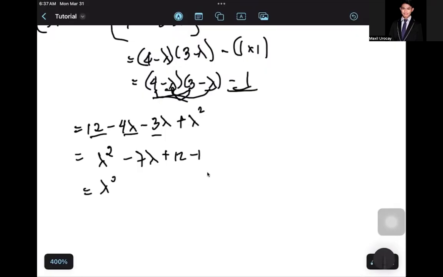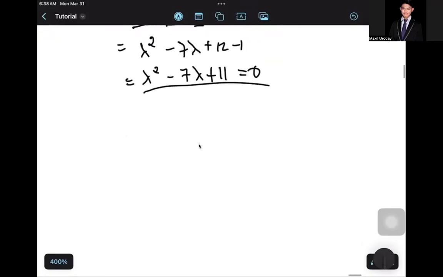Thus, your answer right now will become minus 7 lambda plus 11. So the characteristic equation becomes lambda squared minus 7 lambda plus 11 equals 0 already. Now, we can solve that equation.